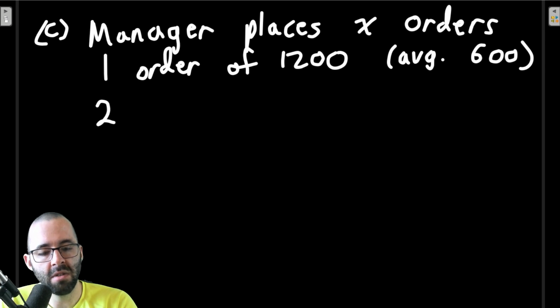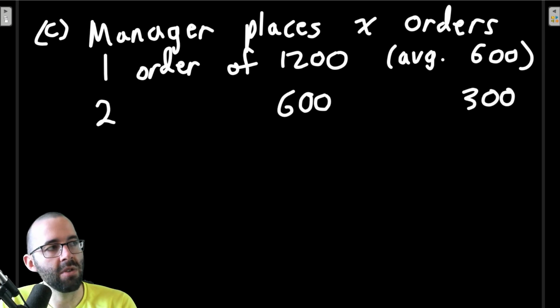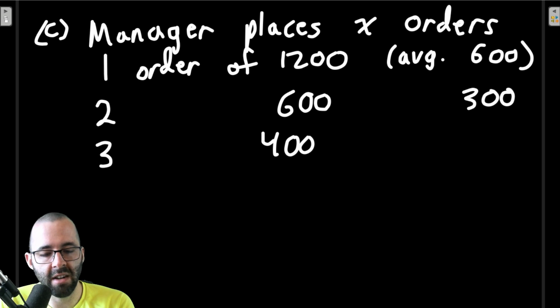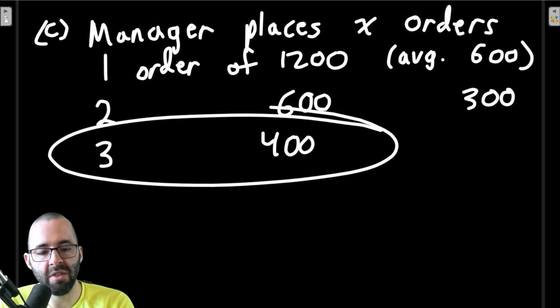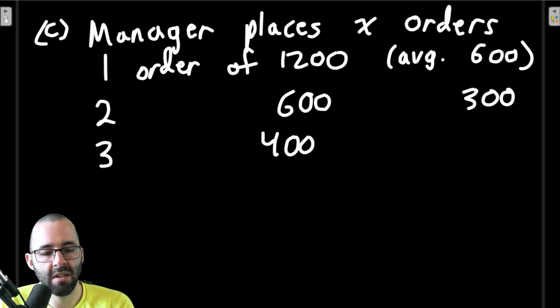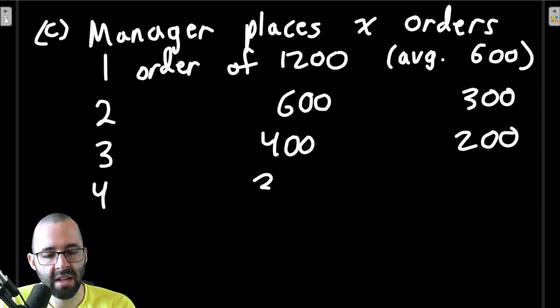Or you can do 2 orders of 600, then you average 300. If we did 3 orders, then each one would have to be 400, because these have to multiply to 1,200. We need 1,200 throughout the year. And then we'll always average half of what we're ordering. So on 4 would be 300, average 150, and so on.